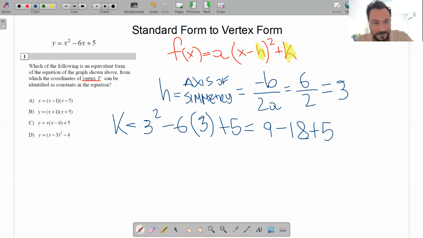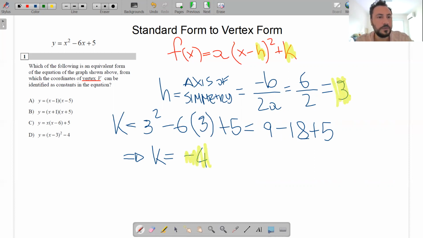So k will be equal to 9 minus 18, which is minus 9, plus 5, negative 4. So h and k are going to be h equals 3 and k equals negative 4.